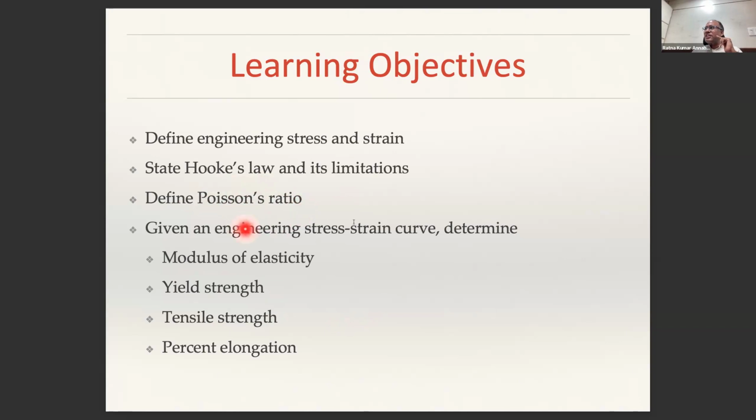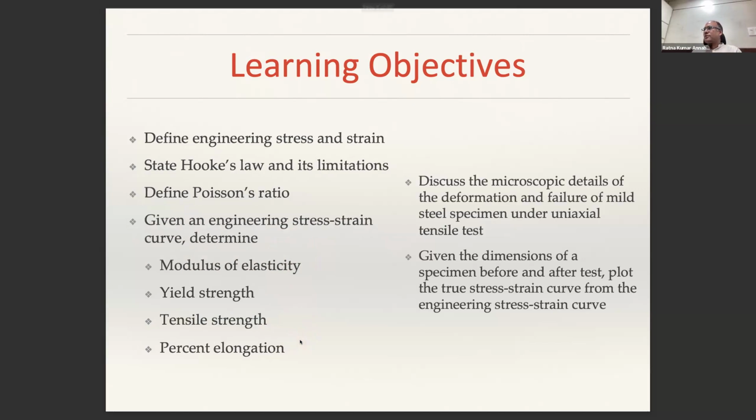If you do an experiment and get an engineering stress strain curve, will you be able to measure from the data the modulus of elasticity, which is nothing but the elastic modulus or Young's modulus? Will you be able to estimate the yield strength, the tensile strength, and the percentage of elongation before fracture? These are the properties that you would estimate given a stress strain curve. That is what we are going to learn.